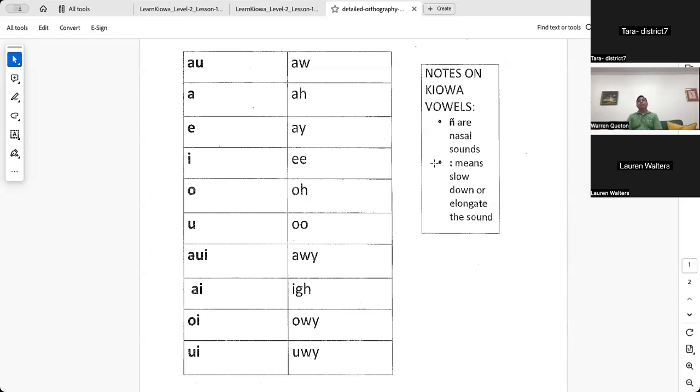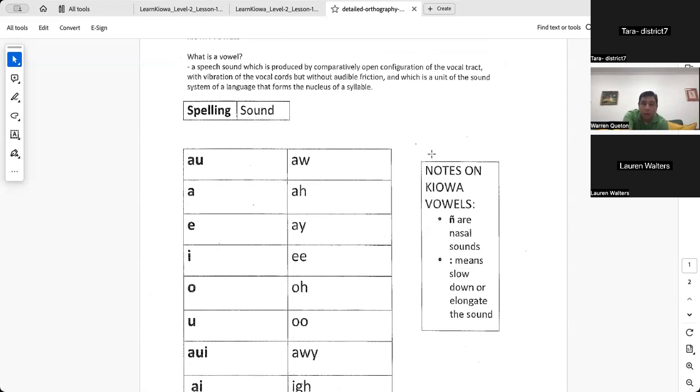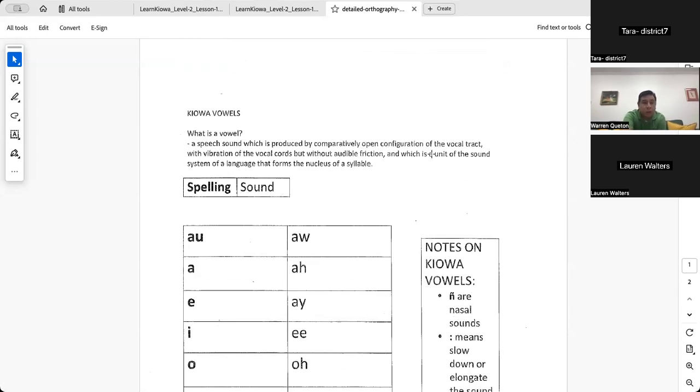Think like the English oi. You can say it like that. Oi. And the last one is ooey. Ooey. Yep, very good.